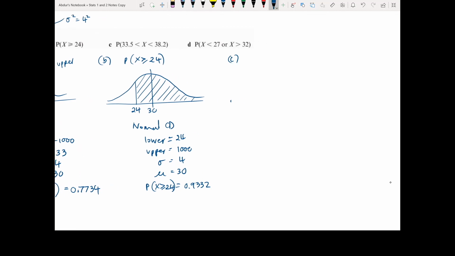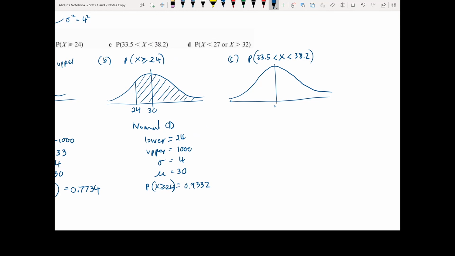Now we're looking at the probability that x is less than 38.2 and greater than 33.5. So again, start by drawing our bell curve for the normal distribution.